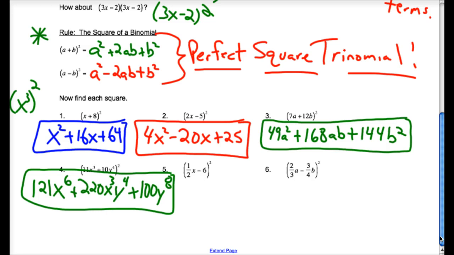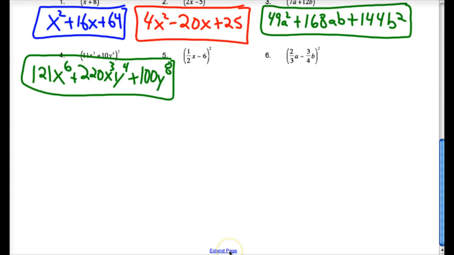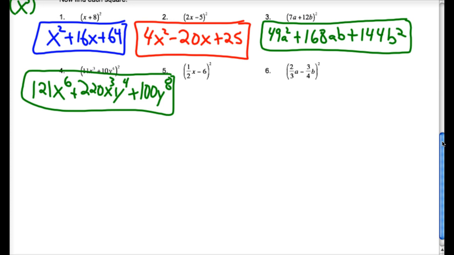Okay. All right, let's try one with some fractions in it. Square the first piece. 1/4 x squared. Multiply a half x times 6. Negative 6. Double it.